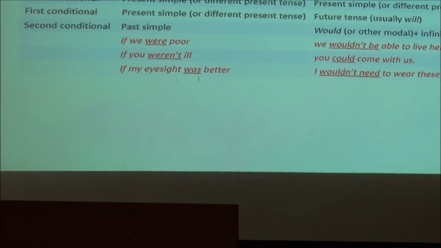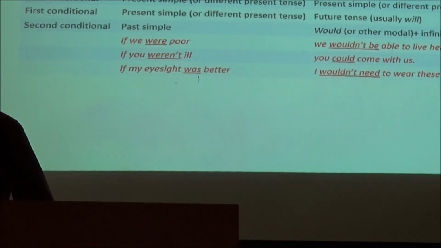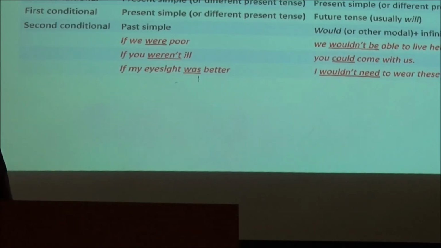What you're saying is actually a mixed conditional. But I'll explain that later on. Yeah? If you were ill, you couldn't come with us. This is a future situation which is not likely, but still possible.